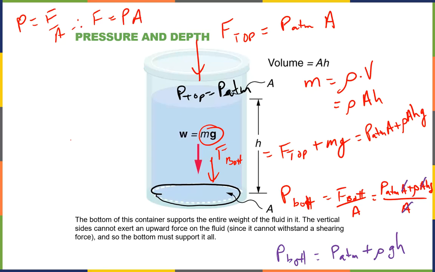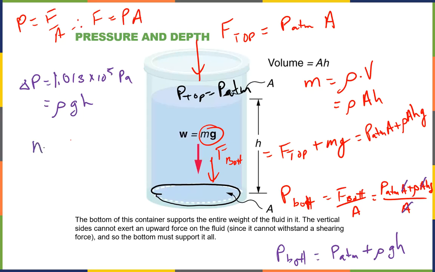We can now calculate that because we can say if delta P is equal to 1 atmosphere, which is 1.013 times 10 to the 5th pascals, if that's equal to the density of water times g times the height, I can quickly calculate the height to get to 1 atmosphere.